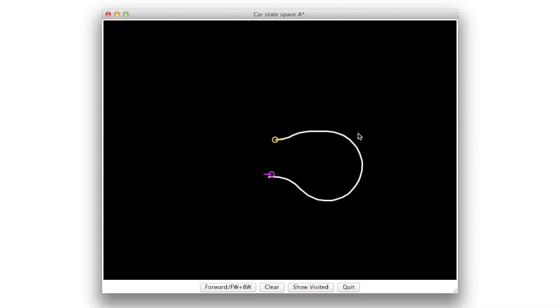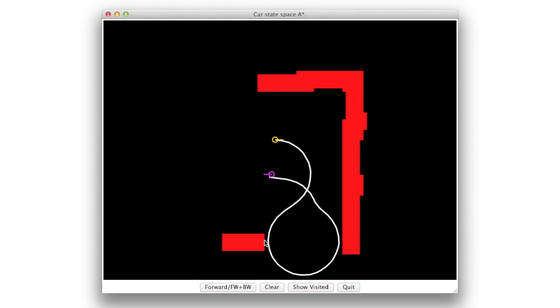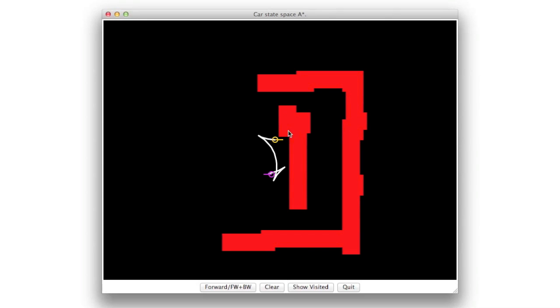And we will see how this algorithm is pretty creative in finding alternative ways in case there are obstacles preventing a given maneuver. We'll also allow it to go forward and backward, and as we will see, it is then able to make pretty complicated maneuvers.